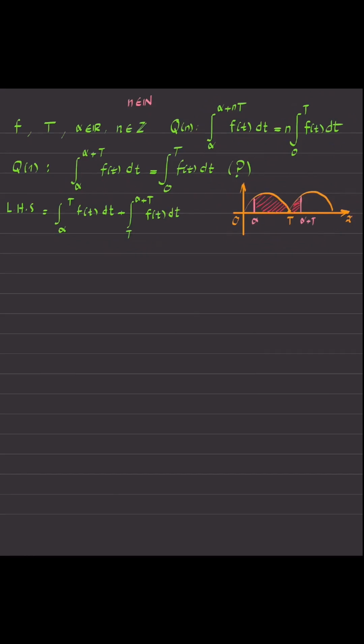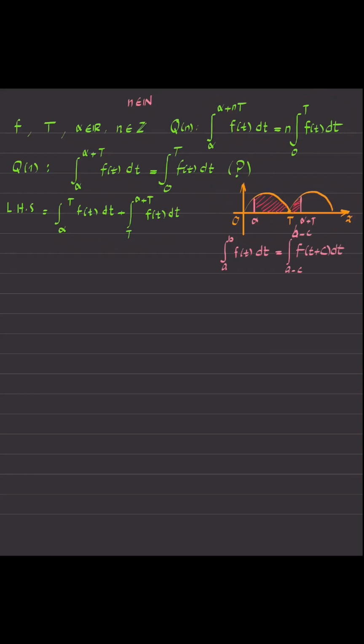Okay, now I want to use another property of definite integrals. So you know that if I have an integral from a to b of f of t dt, I can subtract the same constant, say c, from the lower limit and from the upper limit, but the price is to add that c to the argument of my integrand.